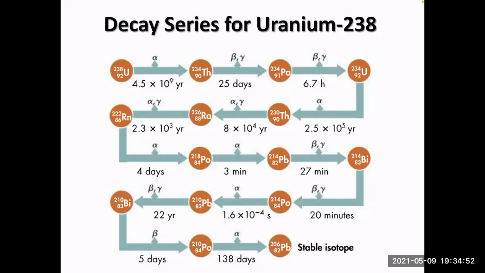Oh, there it is, protactinium. That's a new one. And then it turns into uranium-234, which goes through alpha again and turns back into thorium-230 and so on and so forth until it turns finally into lead. So this is our parent nuclide. Okay. And then everything else are considered daughter nuclides.